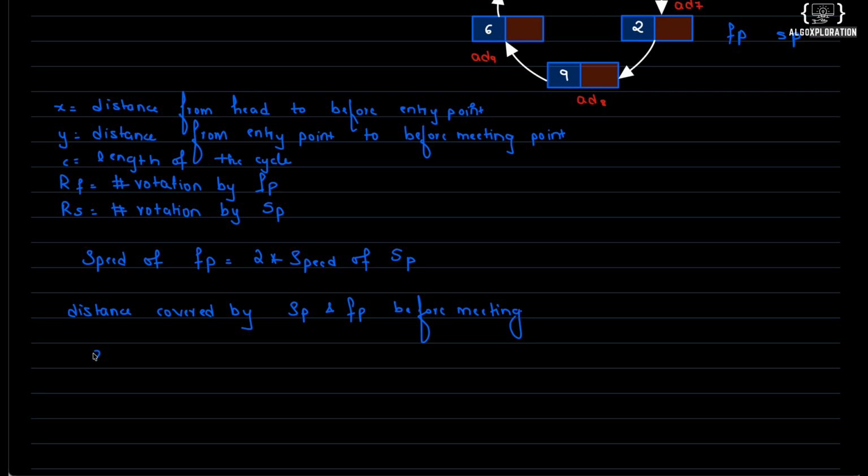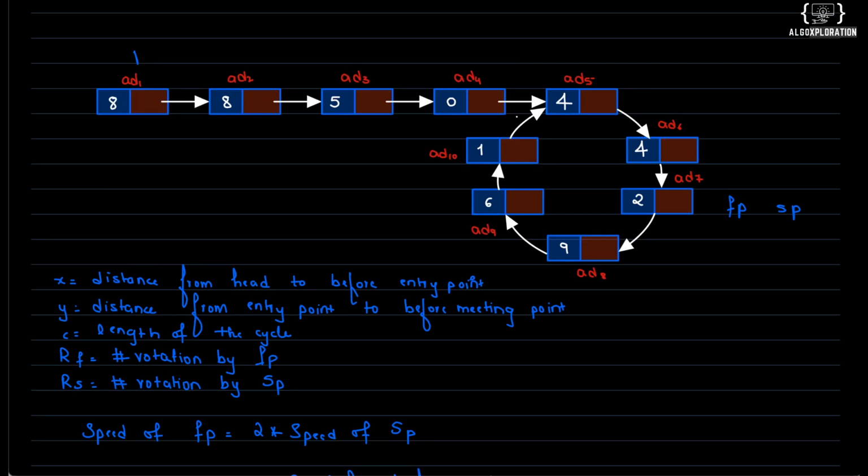So first let's see about the slow pointer. The distance covered by the slow pointer before meeting will be x, plus the number of rotations it has done, plus y before meeting. So it will be x plus rs into c, because c is nothing but the length of the cycle, plus y.